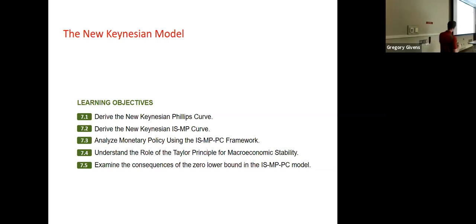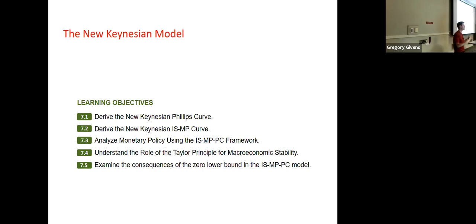Okay, I won't get to this until the next class, but we will analyze the new Keynesian Phillips curve and the IS-MP curve together in equilibrium. So you can call that the IS-MP Phillips curve PC model, or I just like to call it the new Keynesian model for short.